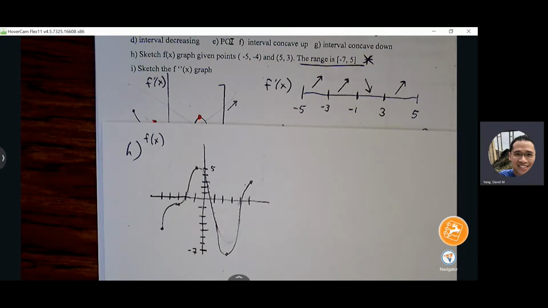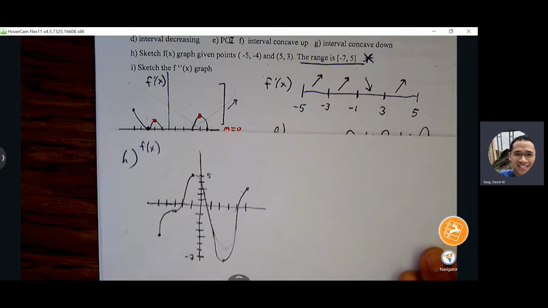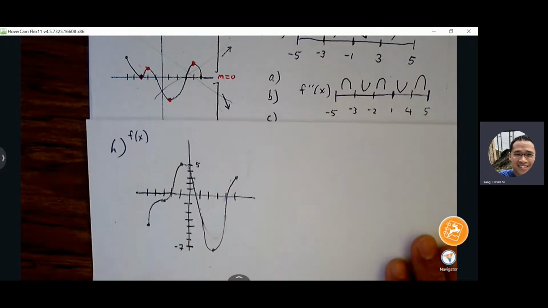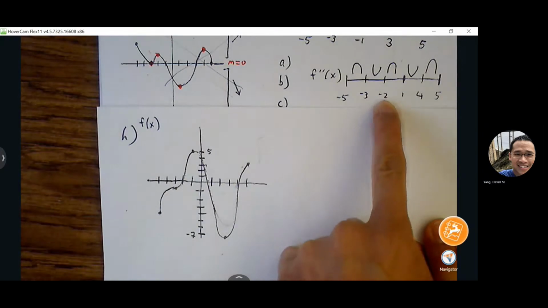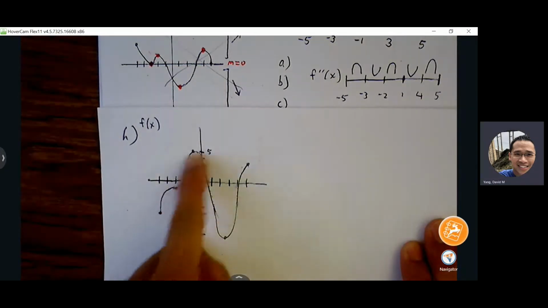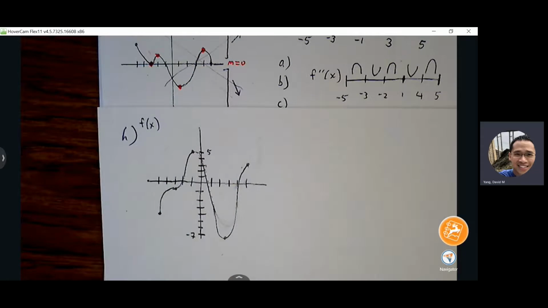Okay, next step, now we're going to update our graph with our second derivative sign line. Plot your points of inflection along the path of the graph. The ordered pair is not that important.